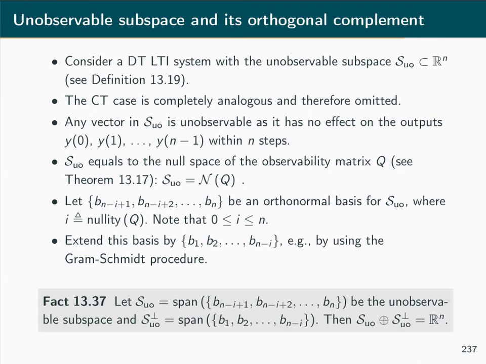Then, as a result, we have expressed the unobservable subspace S_UO as the span of the orthonormal vectors b_(n-l+1) up to b_n, and the orthogonal complement S_UO perp as the span of the orthonormal vectors b_1 through b_(n-l). Obviously, S_UO and S_UO perp form a direct sum decomposition of the state space R^n.